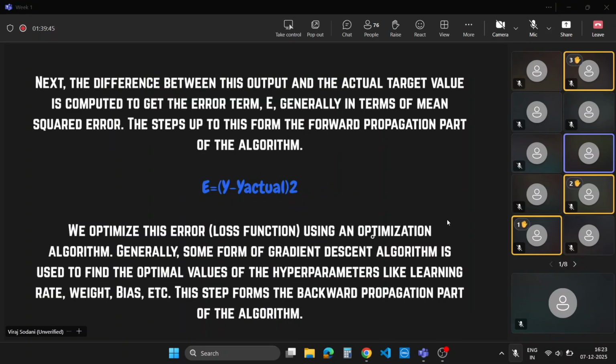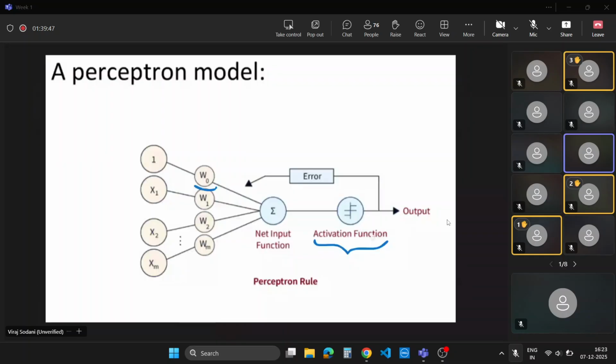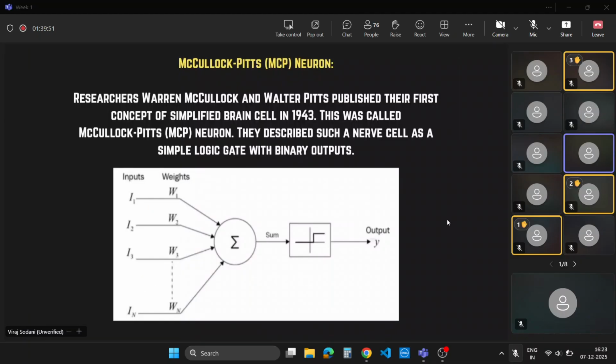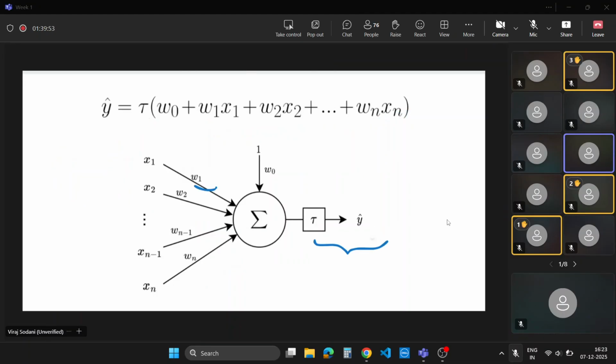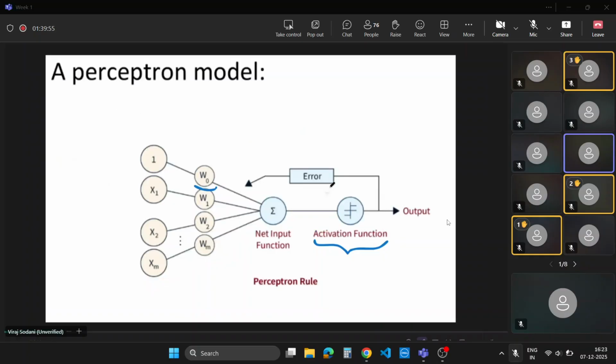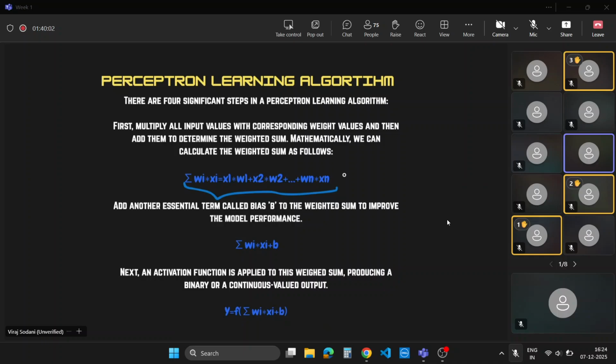And as I said, for the perceptron model, there are two key differences from the MCP neuron. The first was the activation function, and the second thing was that we train our model based on the error we get in each of our runs.